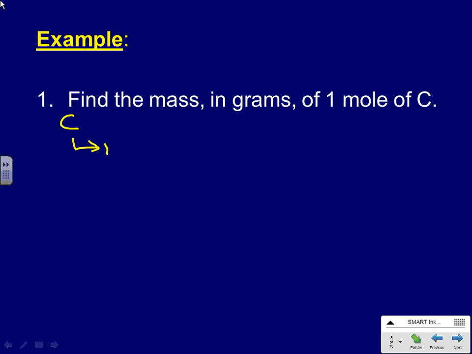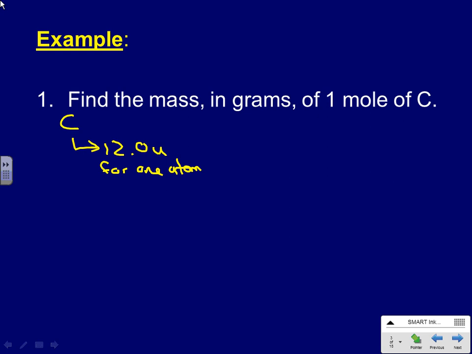And what's that unit? 12 U. 12 atomic mass units. All right? This is 12 U, and it's an entity, isn't it? It's a little entity. It's an atom of carbon. It's 12 U for 1 atom, right? Again, don't write this down.